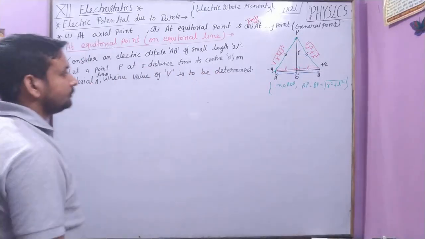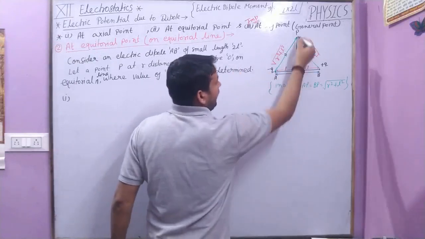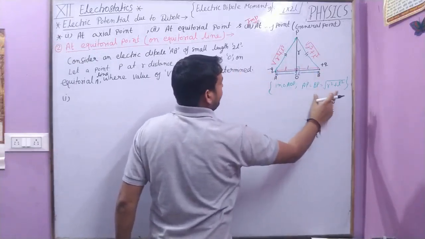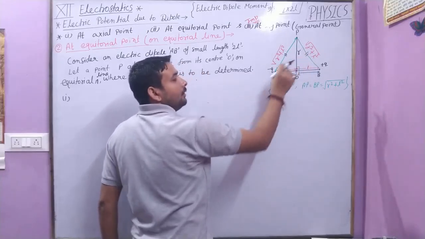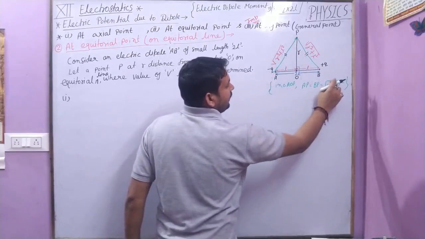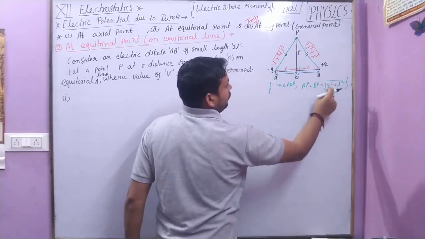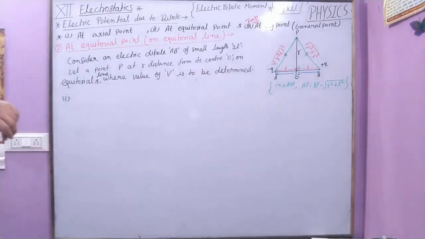Now the distances AP and BP are equal, which by the Pythagoras theorem is the hypotenuse, the square root of base square plus perpendicular square.